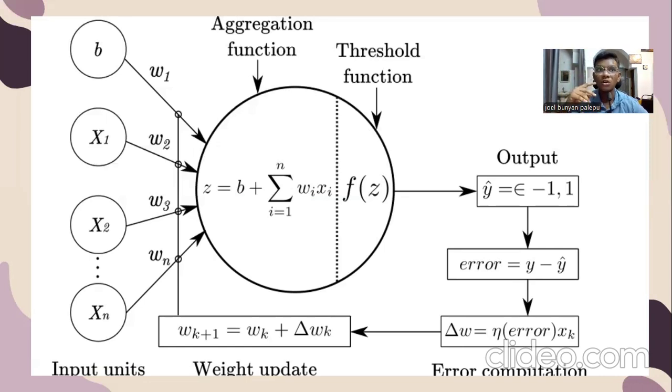What you'll do is find the derivative of the total loss function with respect to each corresponding weight. That's how you do it, and you will update the weights multiple times.